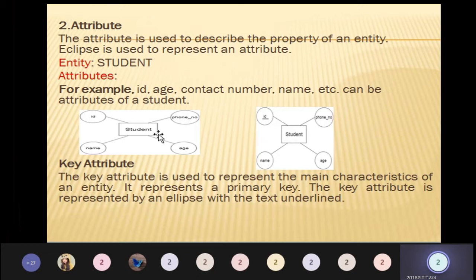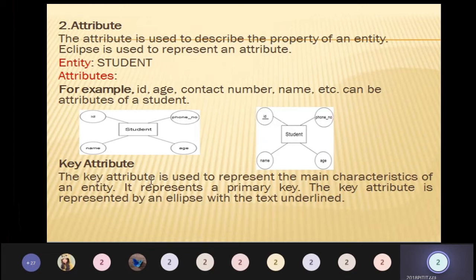So next one is the key attributes. Why we are using keys is because we are using the primary key and foreign key. So these are the keys used in the ER diagram, and we can use the key attributes in ER modeling.